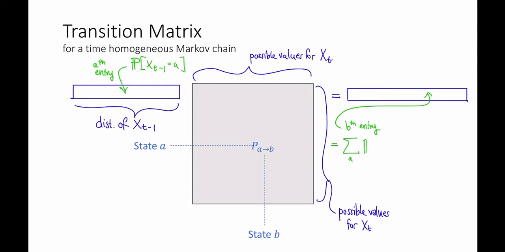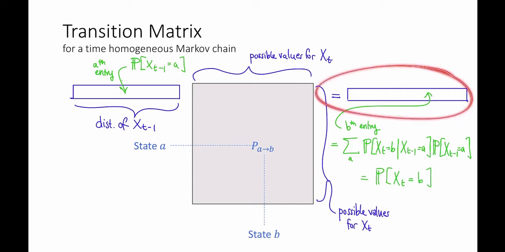So that's just the probability that xt is equal to b conditioned on xt minus 1 being equal to a, times the corresponding entry over here, which is the probability that xt minus 1 is equal to a. Adding all of these things up, we just get the probability that x sub t is equal to b.